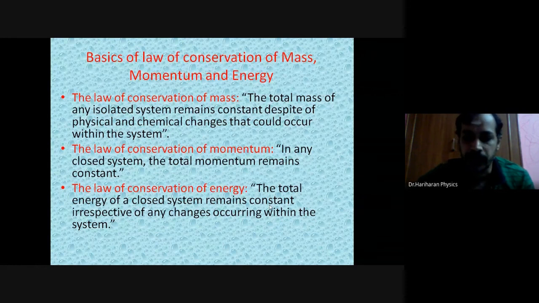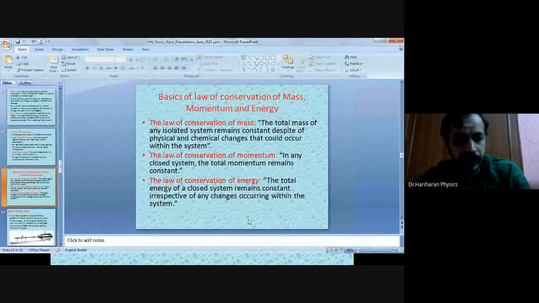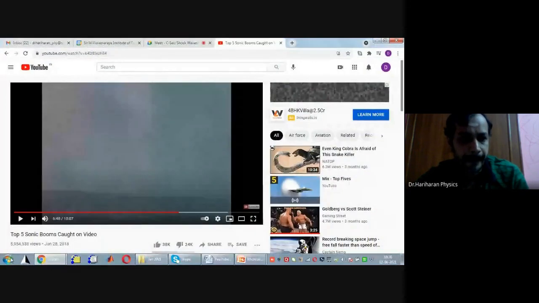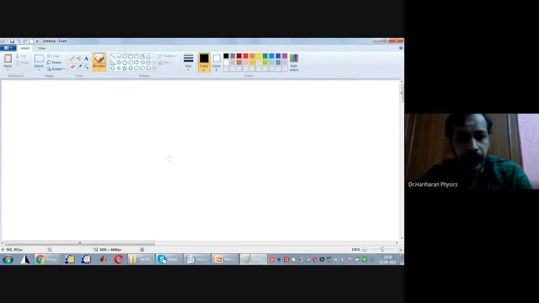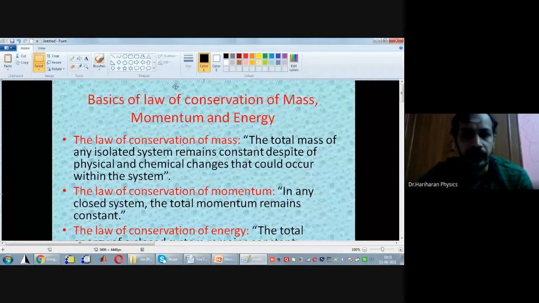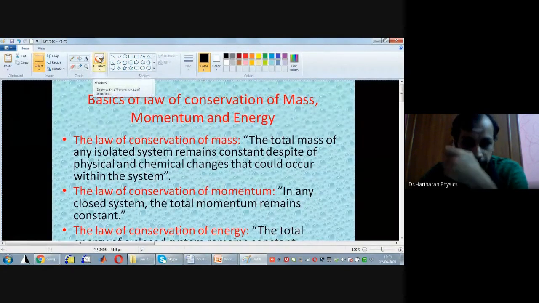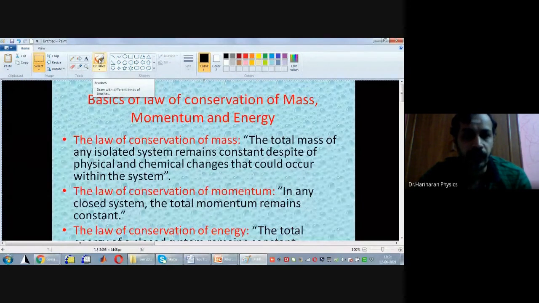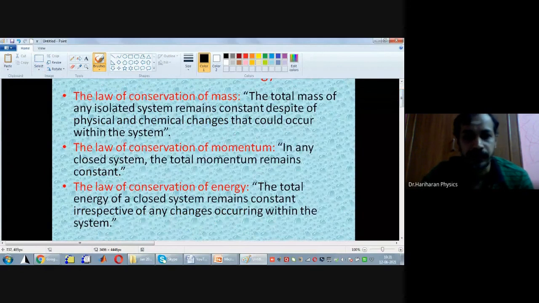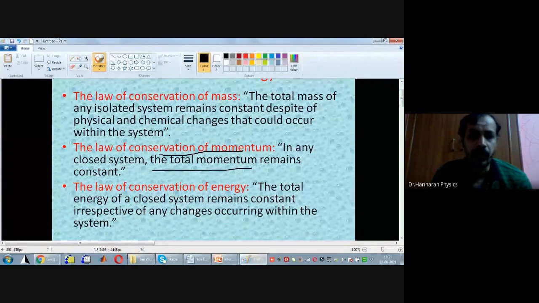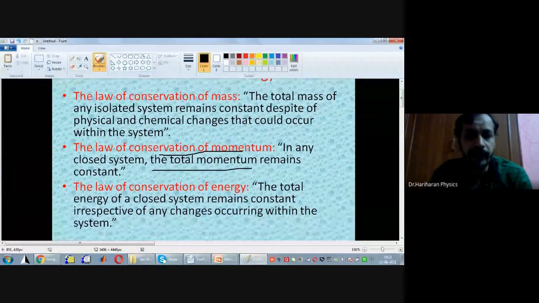So what are the three basic conservation laws? Energy, momentum, and mass. Okay, so what is the law of conservation of momentum? In any closed system, the total momentum before collision will be equal to the total momentum after collision, or the total momentum will remain constant.